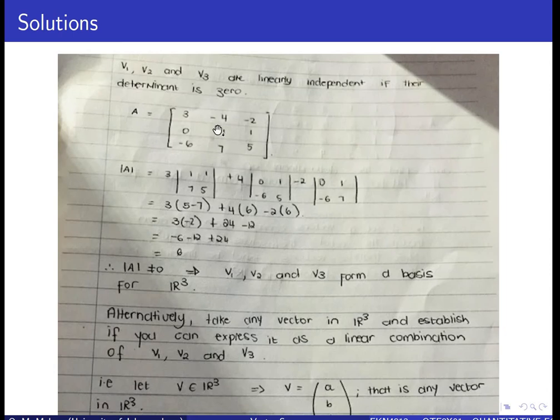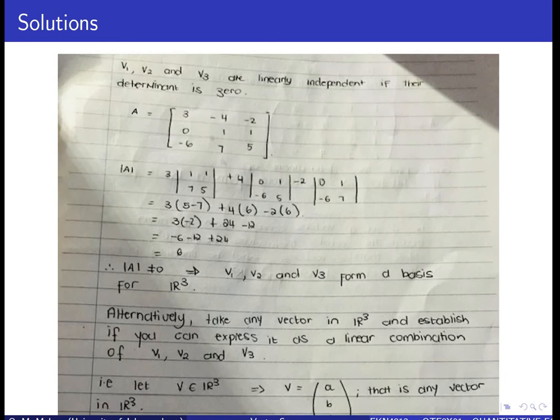I formed a matrix A out of my vectors, and then I calculated the determinant. After I do all my workings, the determinant is 6. Clearly 6 is not equal to 0, which means my vectors V1, V2, V3 form a basis for R3.